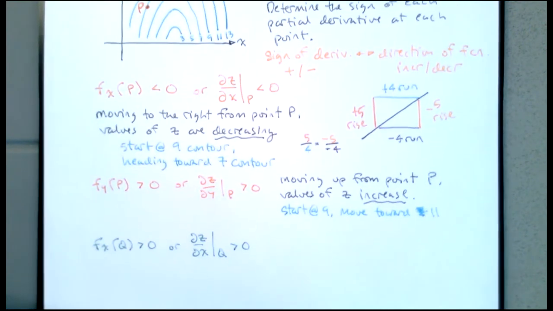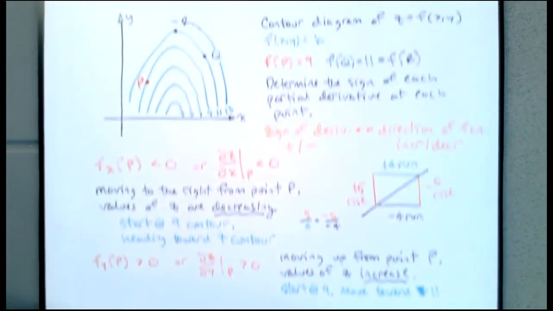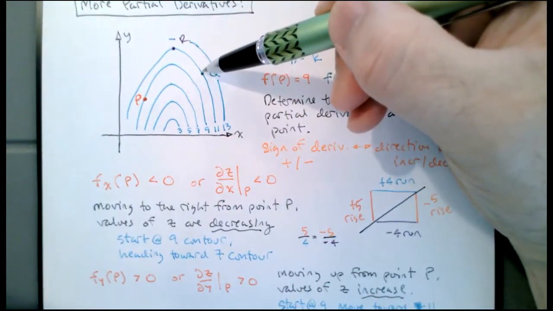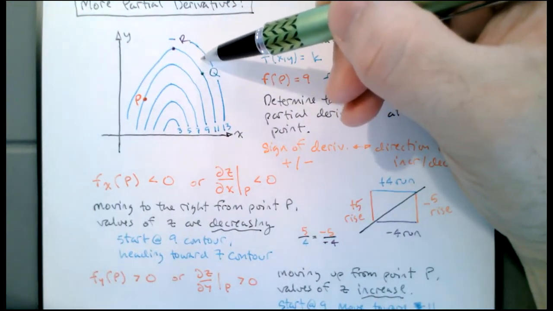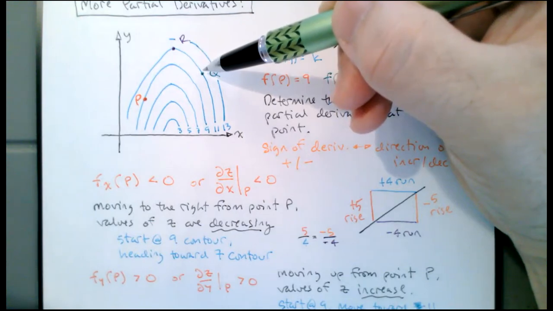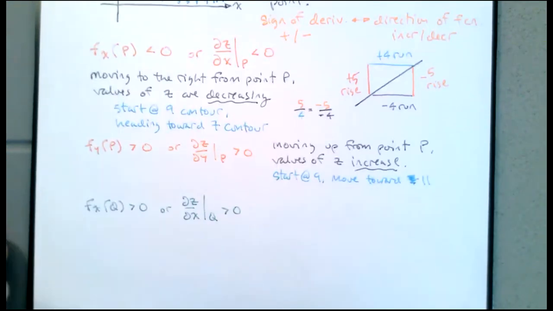So it looks like the derivative with respect to x at Q is positive, and the derivative with respect to y at Q, we're at the 11, and if we go in the y direction, we're headed towards the 13. So it looks like the partial derivative with respect to y at the point Q is also positive.